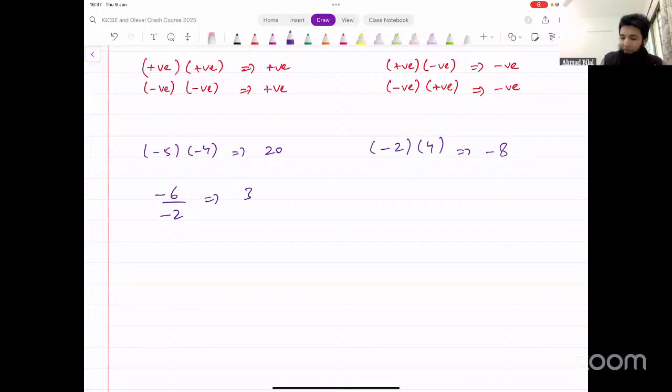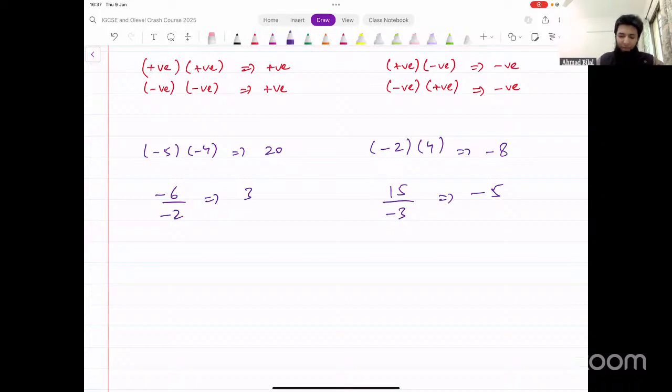And if you have 15 divided by -3, one is positive, the other is negative, the result is going to be negative as well. So if you've got both positive numbers multiplying, the result is positive. If you've got both negative numbers multiplying, the result is again positive. If one is negative and the other is positive, the result is going to be negative in this case.